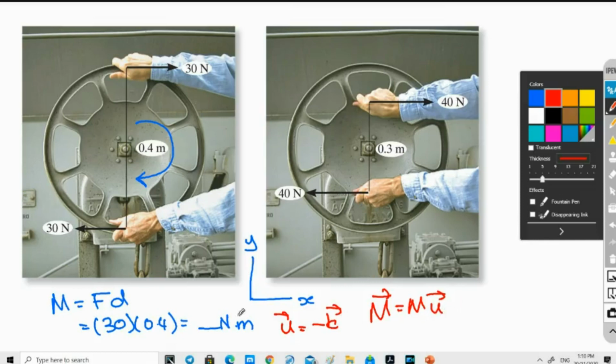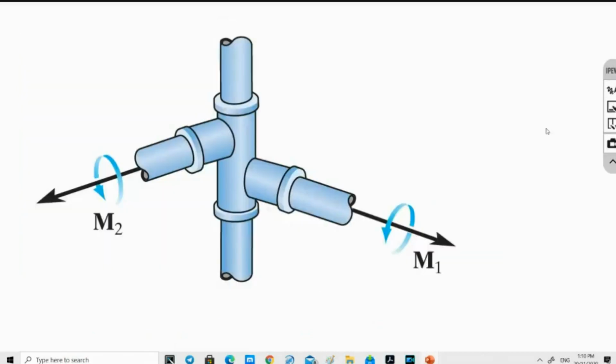Whatever value there, you multiply by negative k, and then you will get the vector. Similarly with this one, because the rotation is in this way, your thumb is going into the screen, so the unit vector is the same. So that is the simplest form. Hopefully you understand.